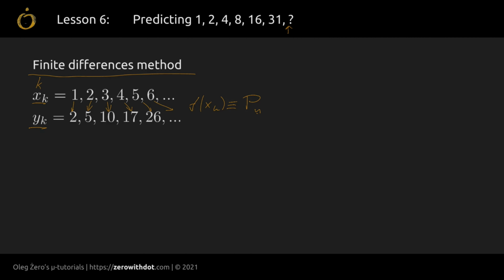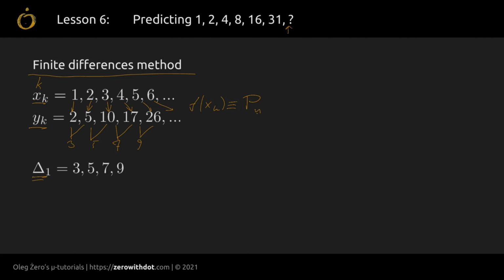Let's take the sequence yk and keep subtracting the neighboring elements. So if we subtract 5 minus 2, then we have 3, and then 10 minus 5 gives 5, and then 17 minus 10 gives 7, and 26 minus 17 gives 9. That newly created sequence looks a little bit simpler, and let's call it the first degree difference, delta 1.